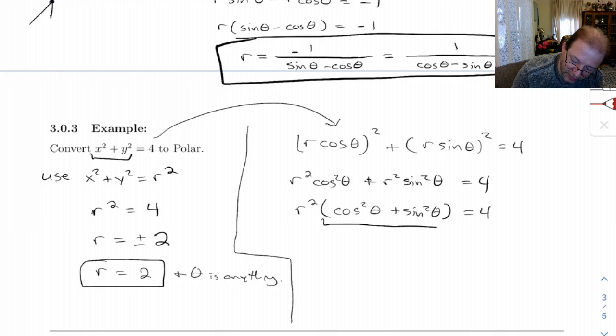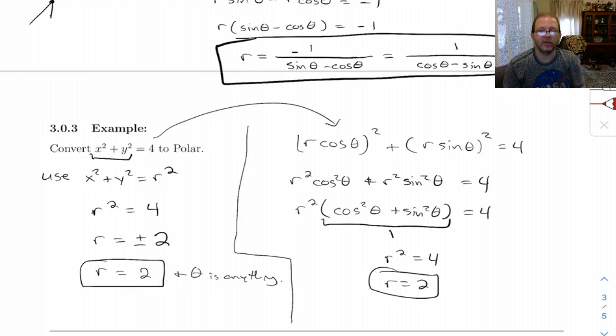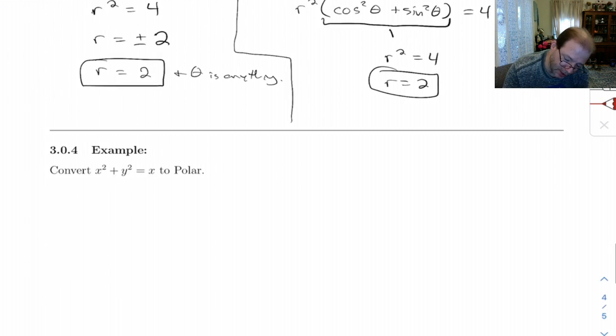And of course, this thing inside of here is just 1. So this gives you r squared equals 4, or r is 2. So you can do it either way, but definitely, when you're doing these conversions, anytime you see x squared plus y squared, just go ahead and replace it with r squared.